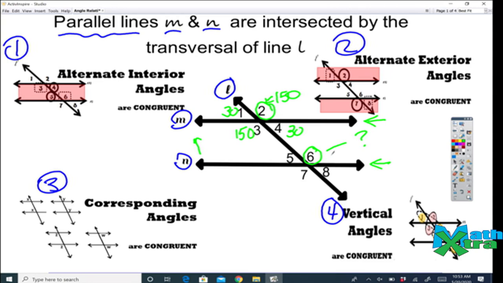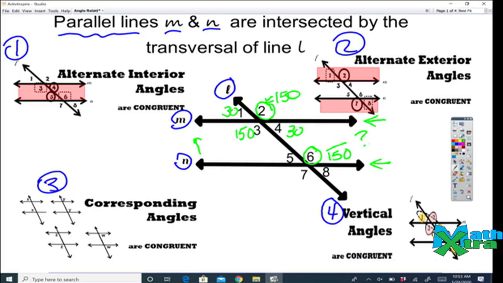What is angle 6? 150. If you understand this relationship, when we move around, if it's the same angle as the one formed by the 2 intersecting lines above, then it's going to be the exact same angle. So let's get into the lesson.